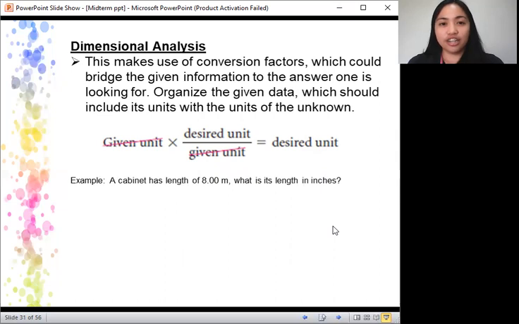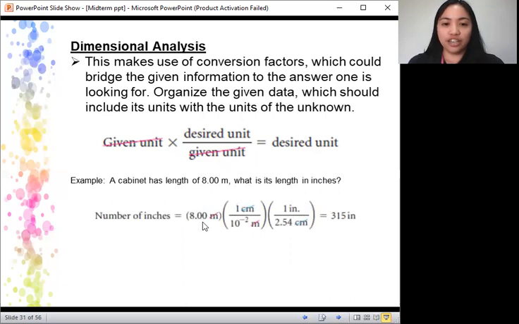Next, for another example, a cabinet has length of 8.00 meter. What is its length in inches? Again, you put your given unit, that is 8.00 meters. So, ang gipangita, pila man kang ka-inches.